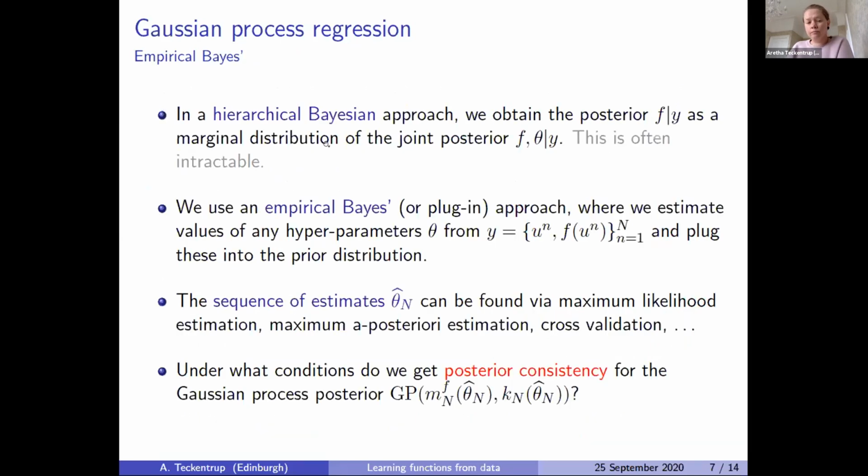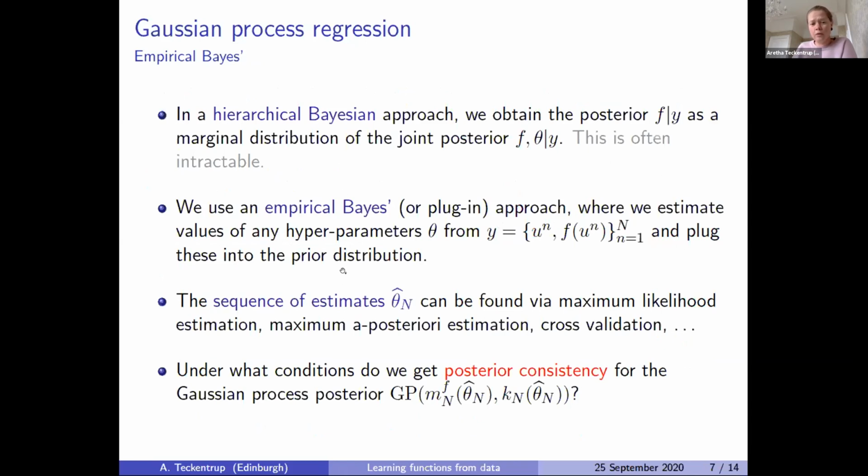In a fully Bayesian hierarchical approach, you would have to integrate them out, right? So you obtain the joint posterior of f and the unknown parameters given the data, and then you integrate out the theta. The problem is that that is most often intractable, so you're not able to do that integration exactly or even well numerically.